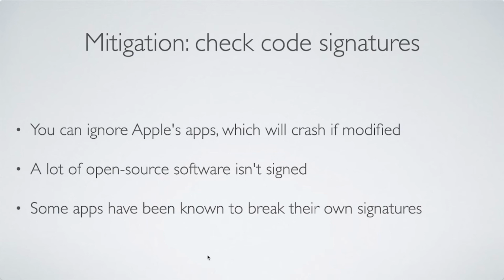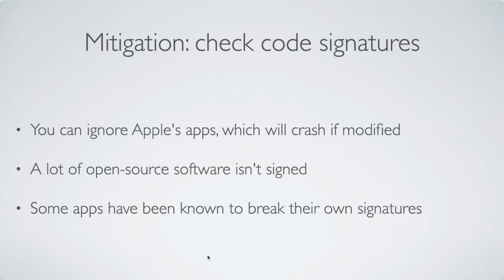If you modify any of Apple's apps, they will instantly crash as soon as you try and run them. So you don't really have to worry about somebody modifying Apple's apps, but any third-party app is potentially fair game. You also have to be aware that a lot of open source software is not signed.